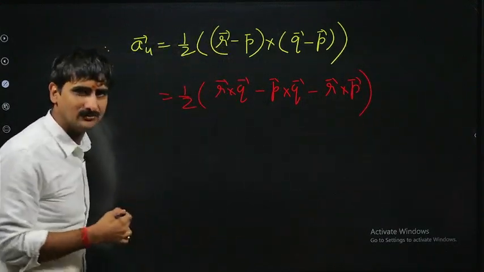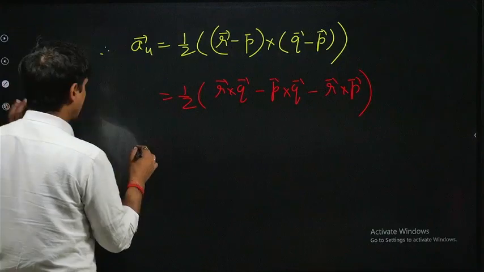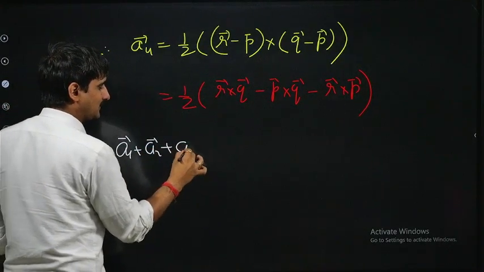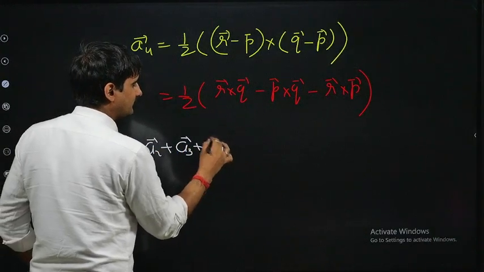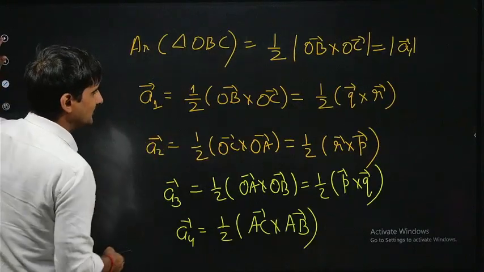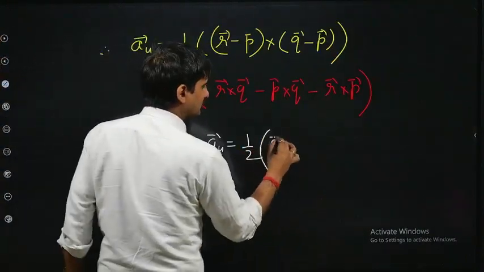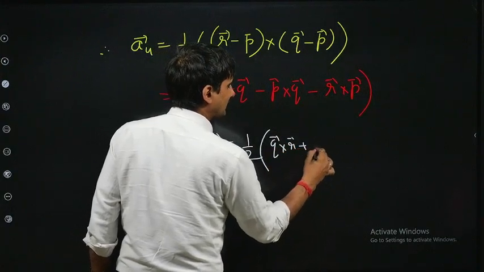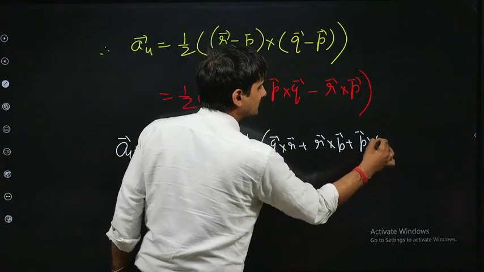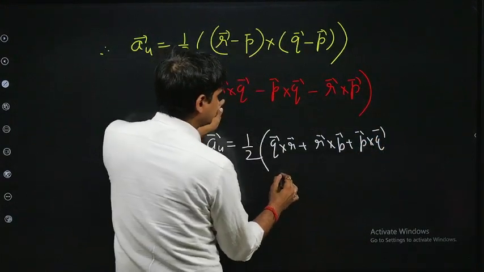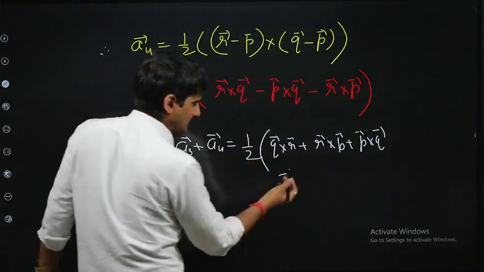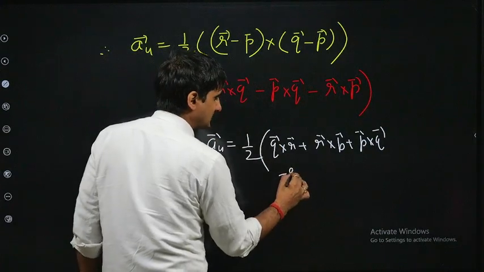Now if we add all, vector A1 plus vector A2 plus vector A3 plus vector A4, how much is it? If I take half common and put the value, it's Q cross R plus R cross P plus P cross Q plus R cross Q minus R cross P minus P cross Q. See, R cross Q and Q cross R, I can reverse the position by taking a minus sign.